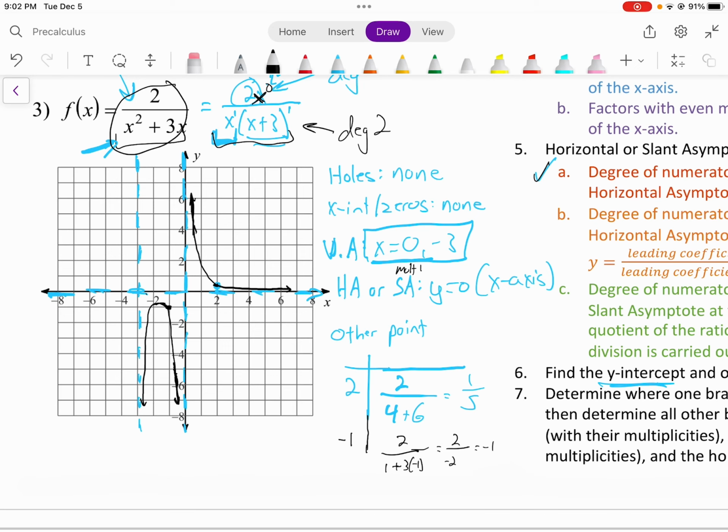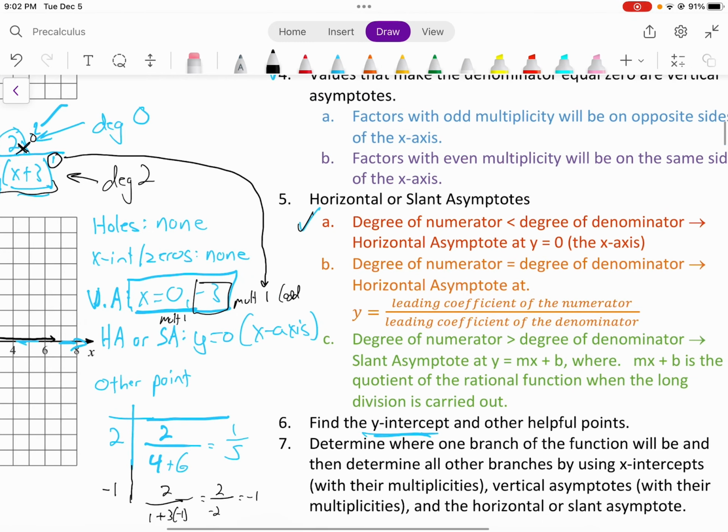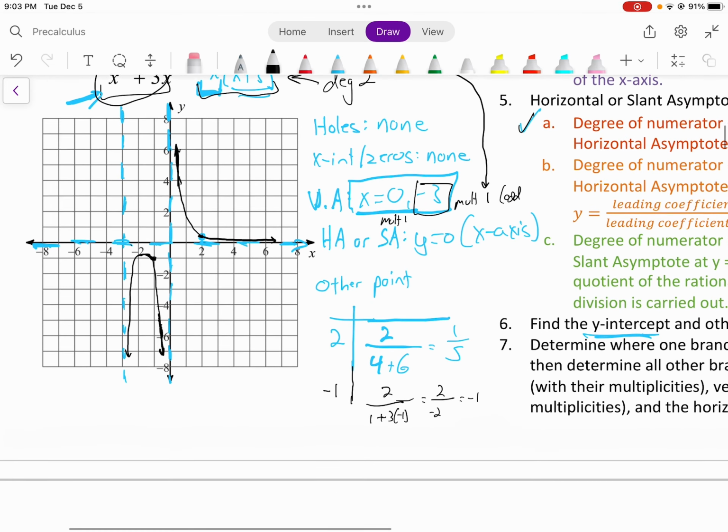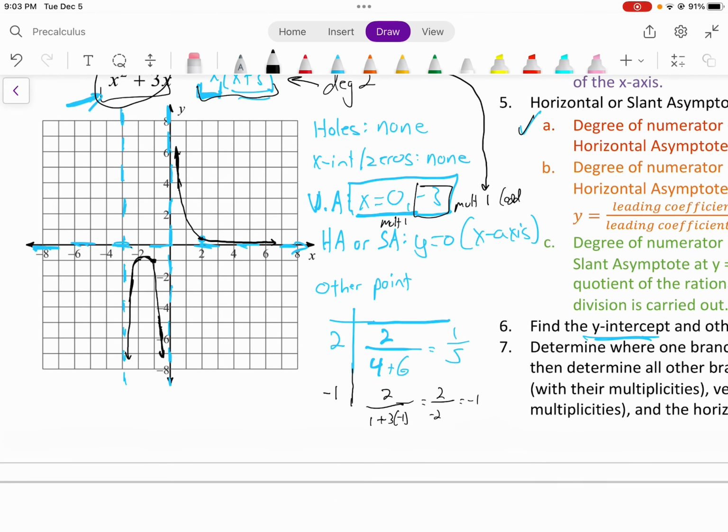Well, we reached another vertical asymptote. That's at -3, which also was multiplicity 1. Again, the multiplicity is whatever implied or written exponent is there. 1 is odd. And so when it's odd, odd multiplicity will be on opposite sides of the x-axis. So here at -3, I'll highlight this part. This is going down.